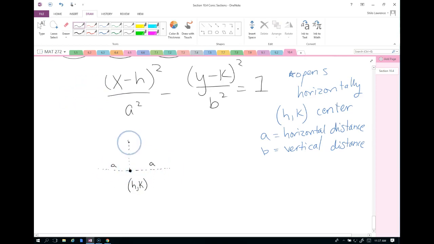I can go vertically b up and down. Now, with an ellipse, we would plot a point and connect them. But with a hyperbola, what we do is we create a box. And through this box, we draw diagonals for asymptotes.